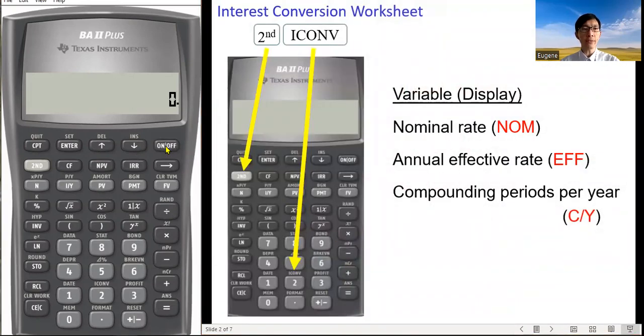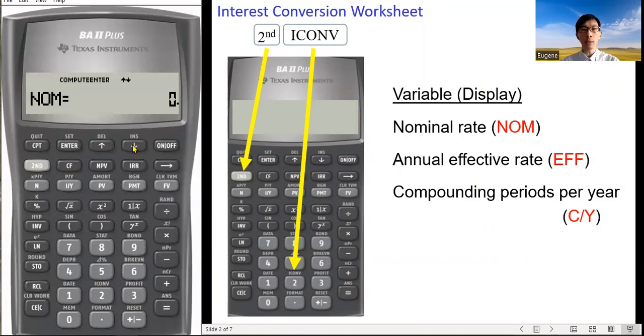The worksheet can be activated by pressing the second key and then the number 2. The worksheet is denoted by ICONV, the second function of the number 2. There are 3 variables. The first one is the variable NOM, denoting the nominal rate.